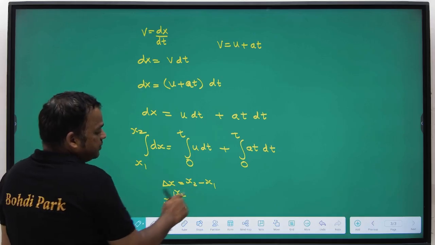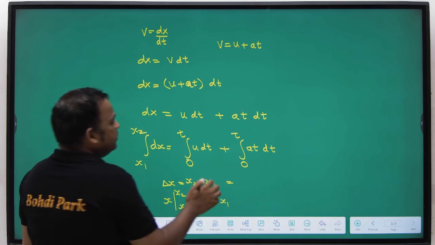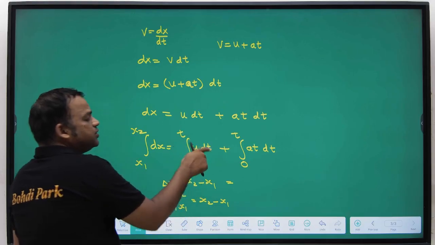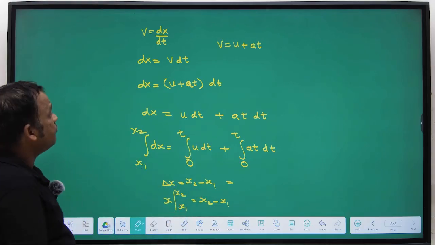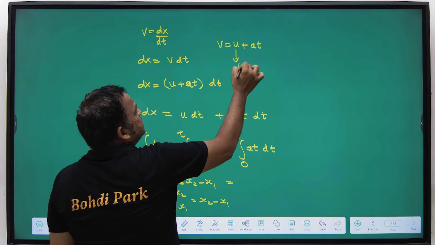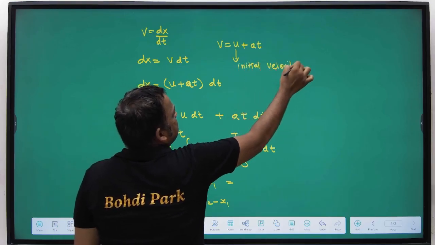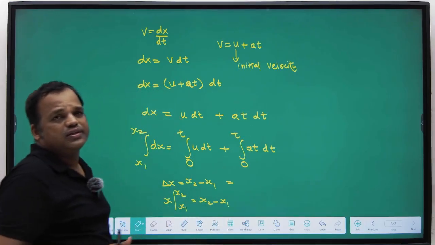That will be the same as x2 minus x1, and on the right hand side we will get integration of u dt. Now here u is a fixed quantity. It is the initial velocity, so it is fixed, because initial velocity is the velocity at t is equal to 0.